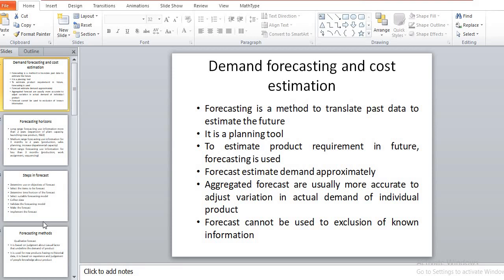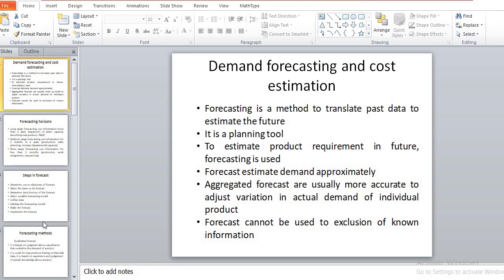This forecasting is approximate as we use past data, and as we collect more and more past data, the accuracy will increase and variations will be reduced.